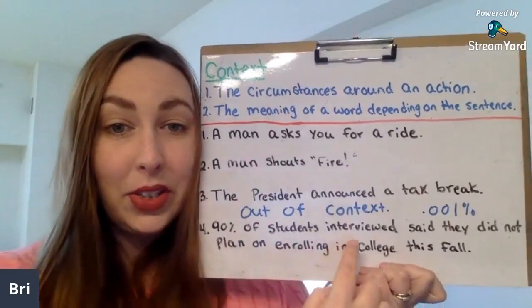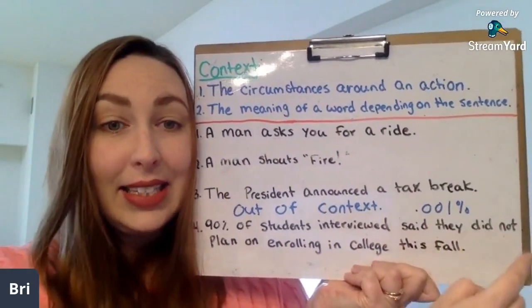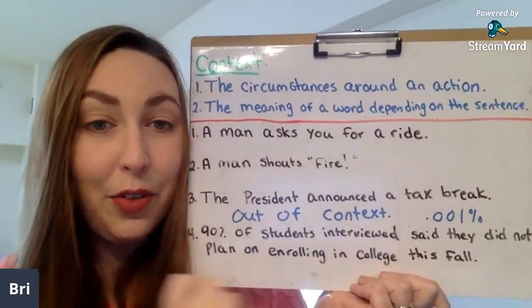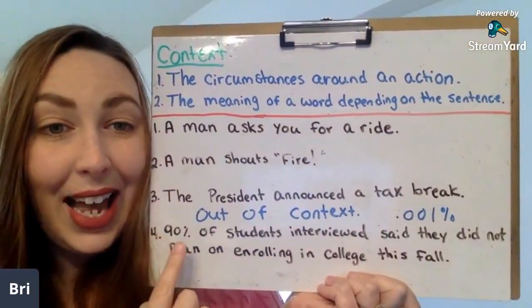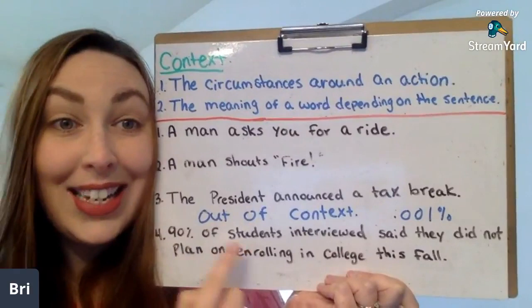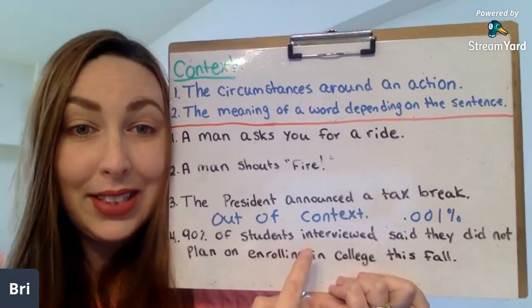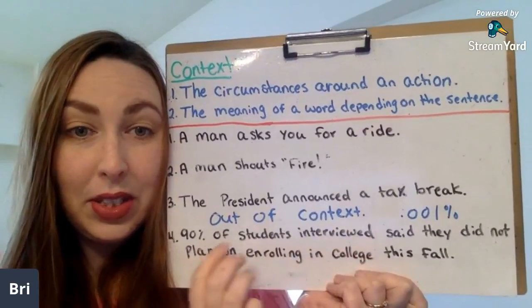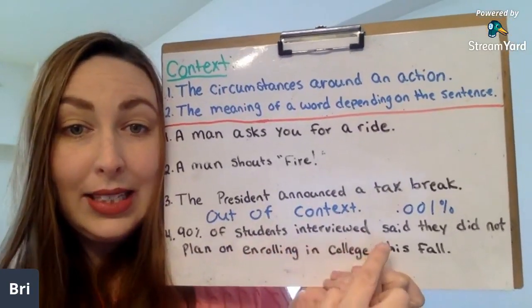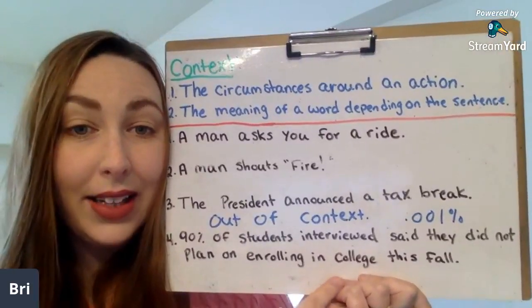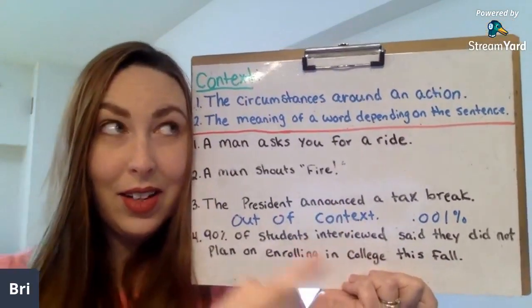90% of students interviewed said they did not plan on enrolling in college this fall. Can you see that? 90% of students, 90%. Wow, 90% of students interviewed, so the students who were interviewed said they did not plan on enrolling in college this fall.